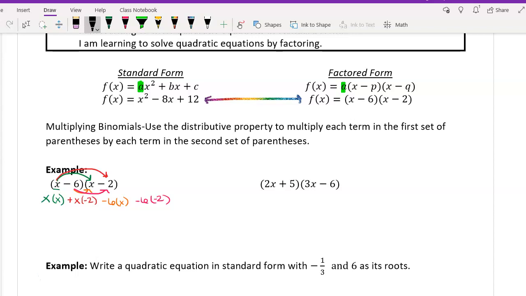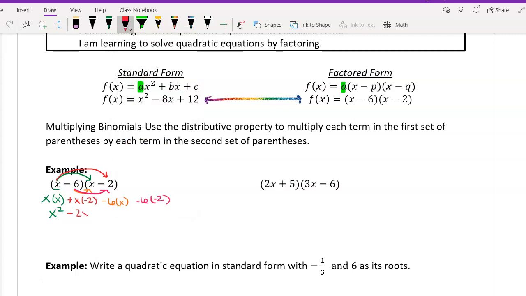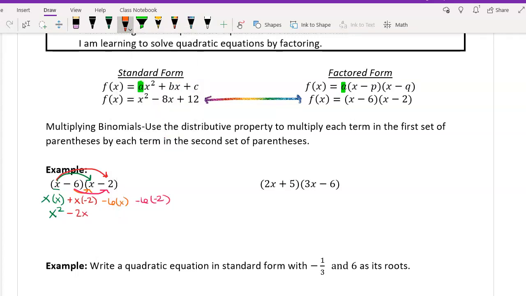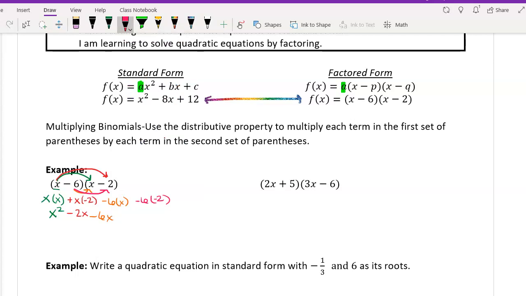X times x yields an x squared. X times negative 2 gets us negative 2x. Negative 6 times x gets us negative 6x. And negative 6 times negative 2 gets us that positive 12.